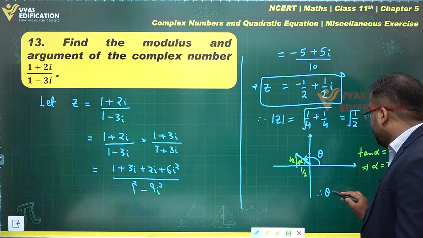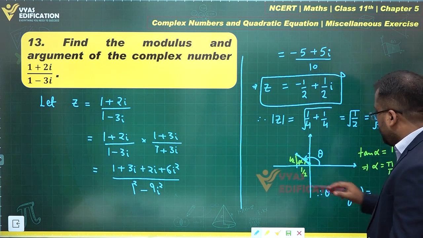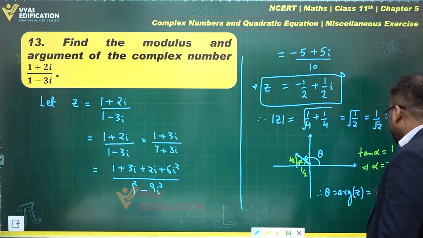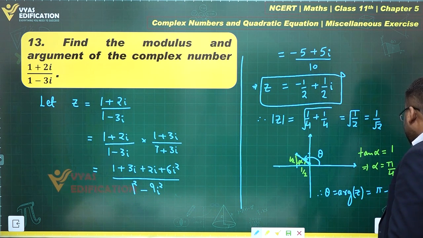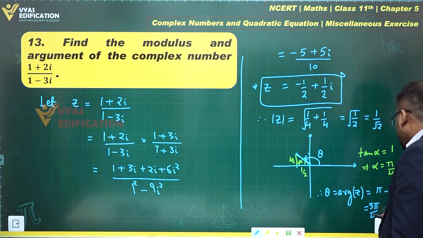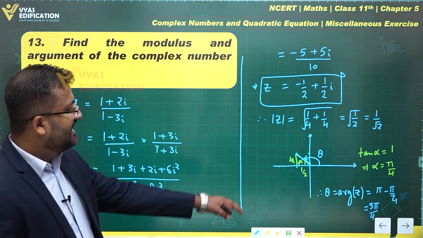Therefore, theta, which is the argument of z, from here to here it is π, and we'll have to subtract π/4 from π, thereby giving us the argument as 3π/4.